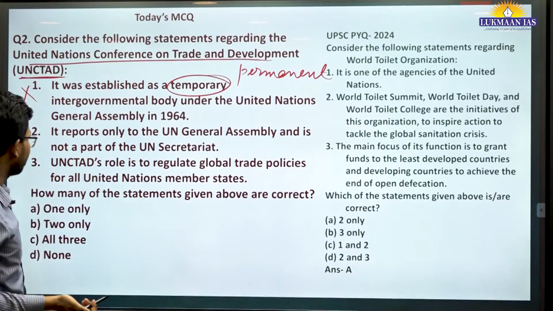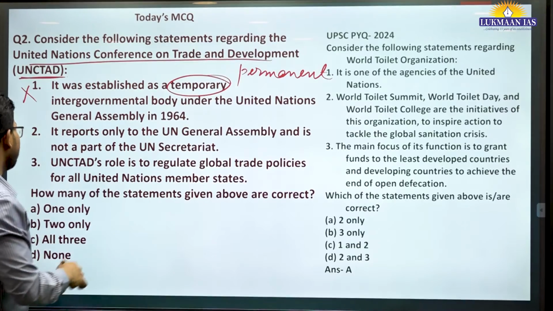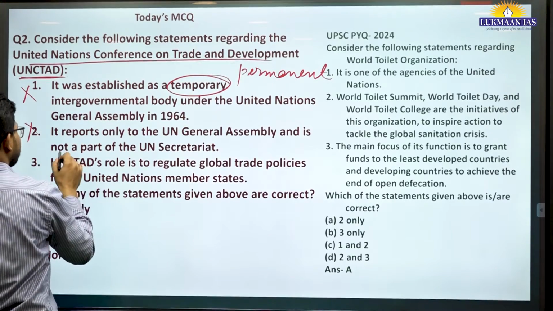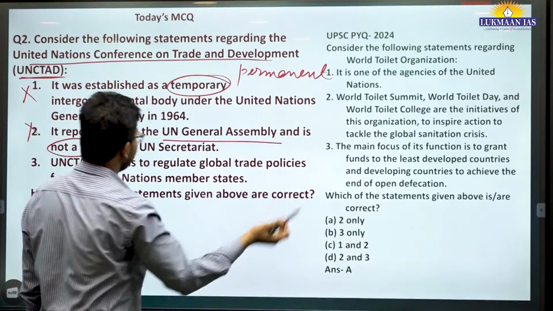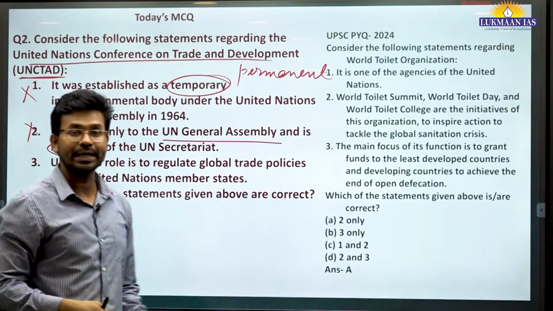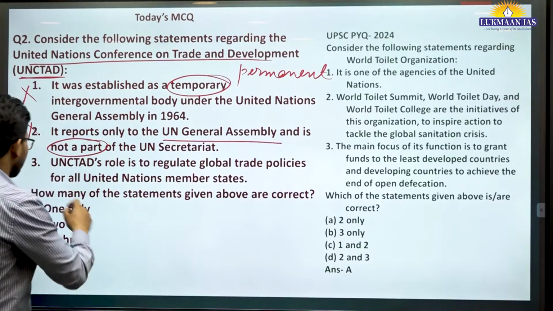Second statement: it reports only to the UN General Assembly and is not part of the UN Secretariat. This statement is wrong. It reports to the UN General Assembly also, and it is part of the United Nations Secretariat also. That's why the second statement is wrong.